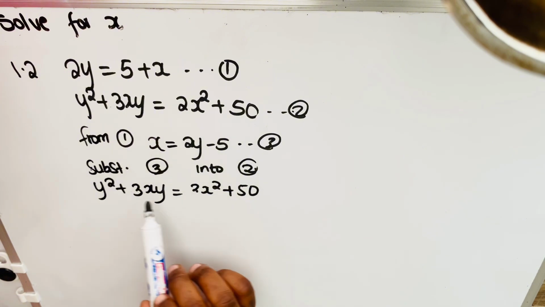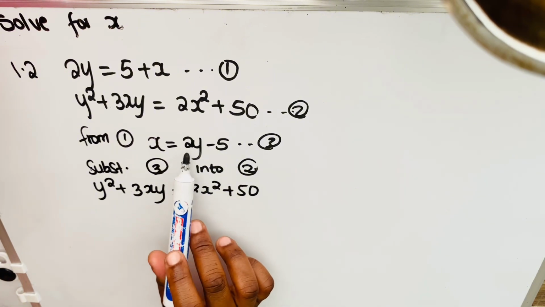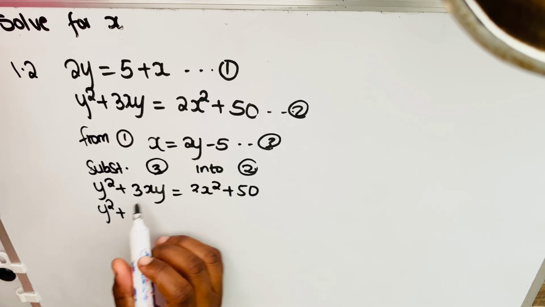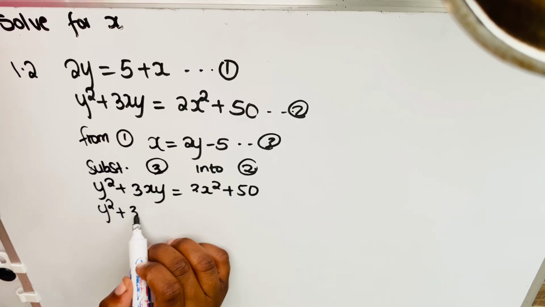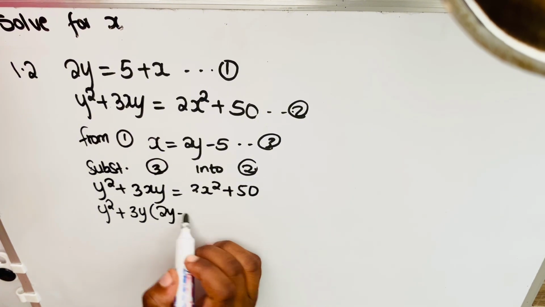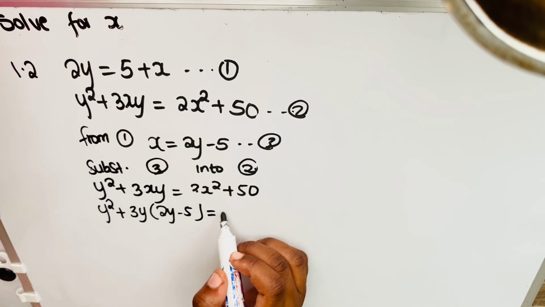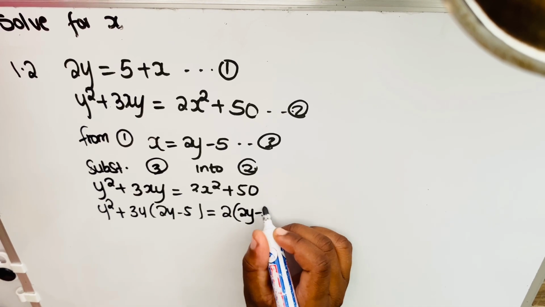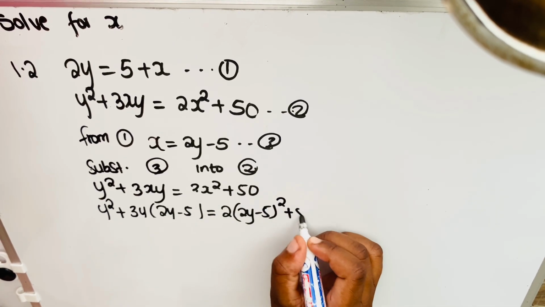This simply means in this equation where there is x, we substitute 2y minus 5. This is y squared plus 3y, then we substitute x, 2y minus 5, equals 2 into 2y minus 5 squared plus 50.